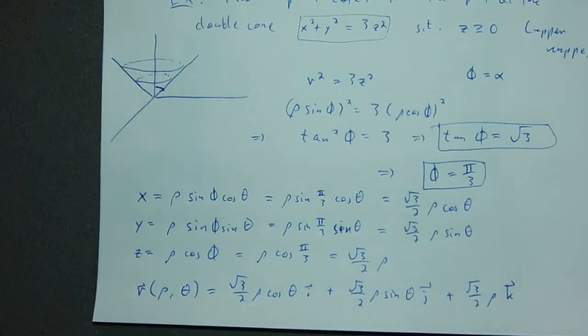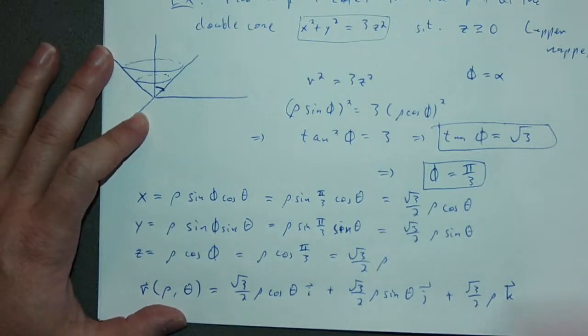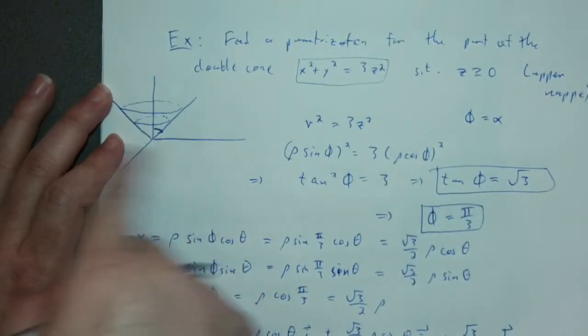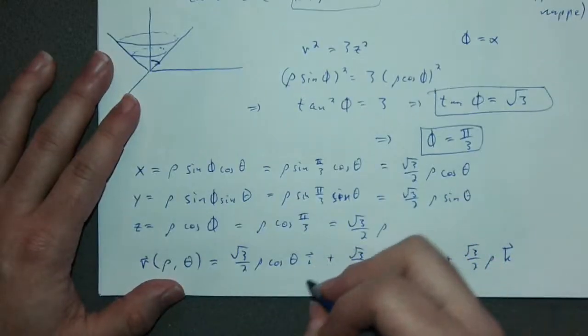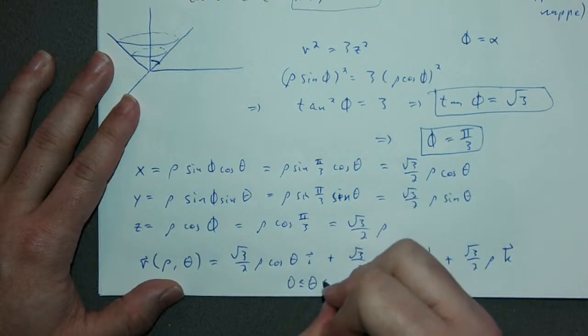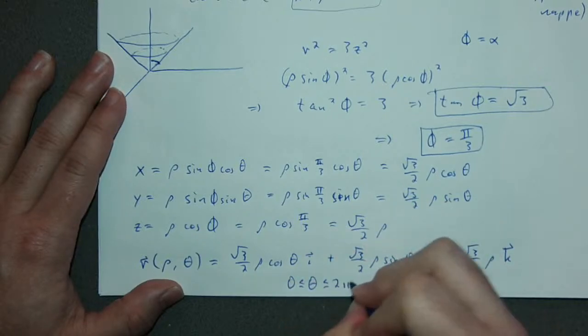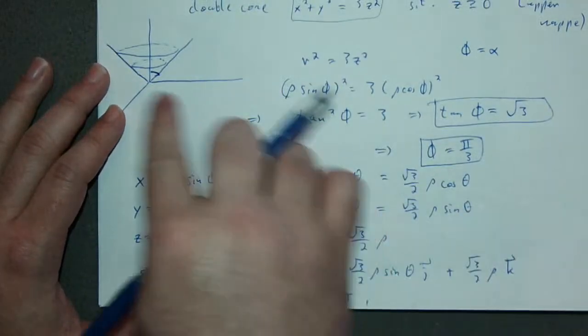All right. And now I have to determine where my rho and theta live. So we're going all the way around the cone here, right? Measured from the positive x-axis. So theta is between 0 and 2 pi. And rho is, this cone is an infinite surface, right?